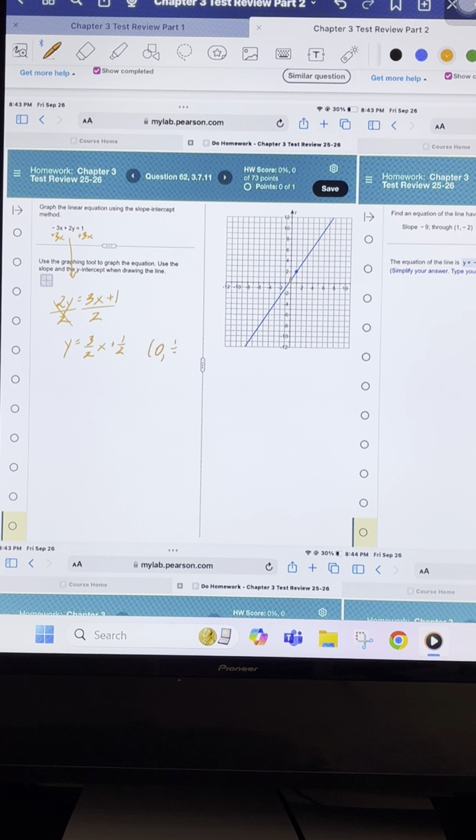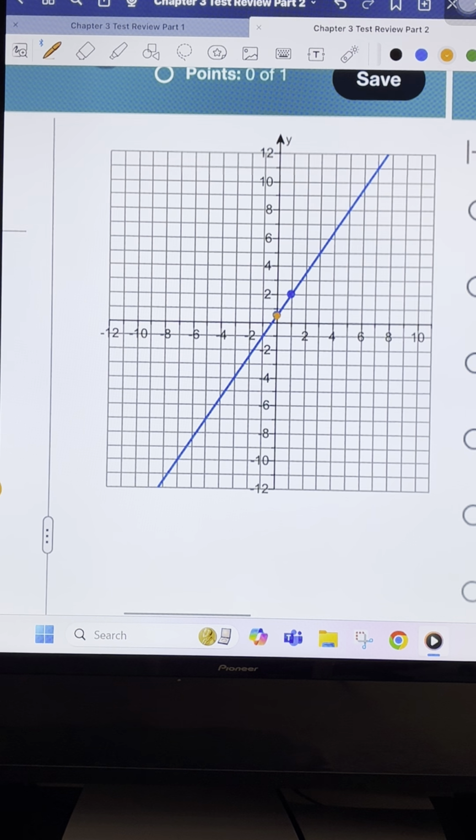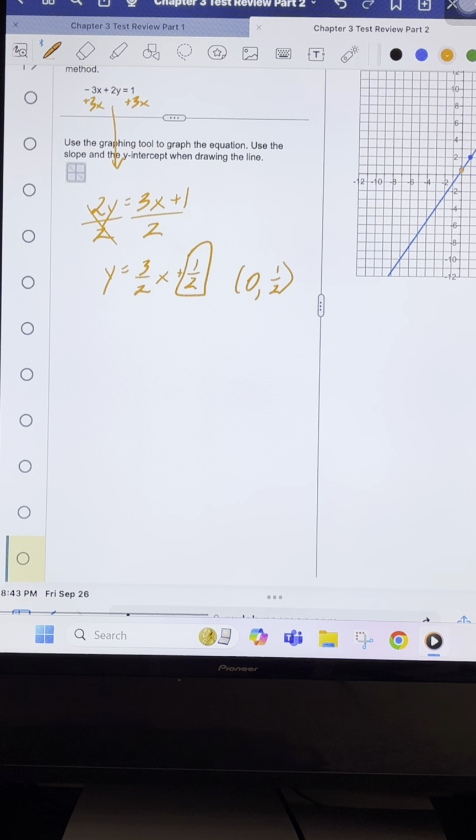So the way that they got this answer, this one down here, was by just doing 0, 1/2, because that's what my intercept is. The way that they got this point as 1, 2 is that they plugged in 1 for x. So over here, they plugged in a 1. So let's do it if this was a 1. It'd be y equals 3/2 times 1 plus 1/2.